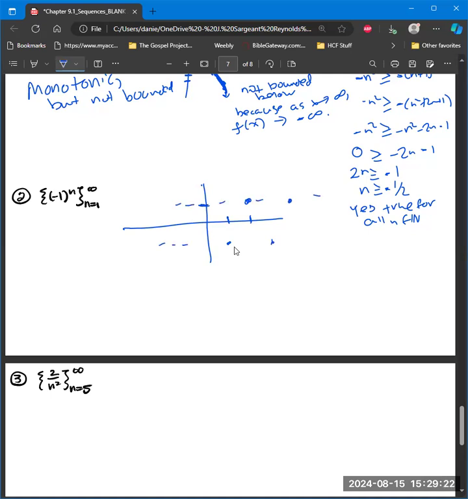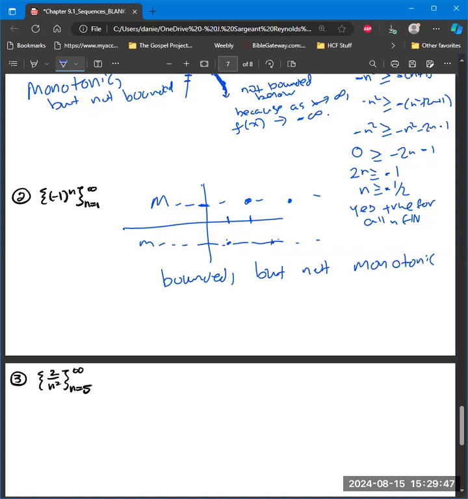So we have an m and an m here that technically it's bounded, but it's not monotonic, because we're jumping back and forth, negative, positive, negative, positive.